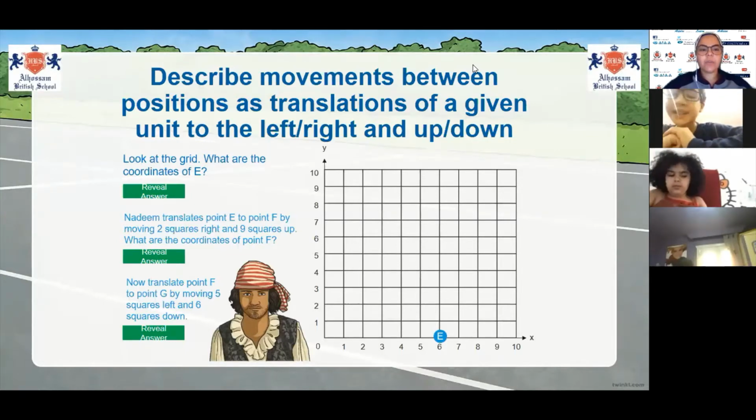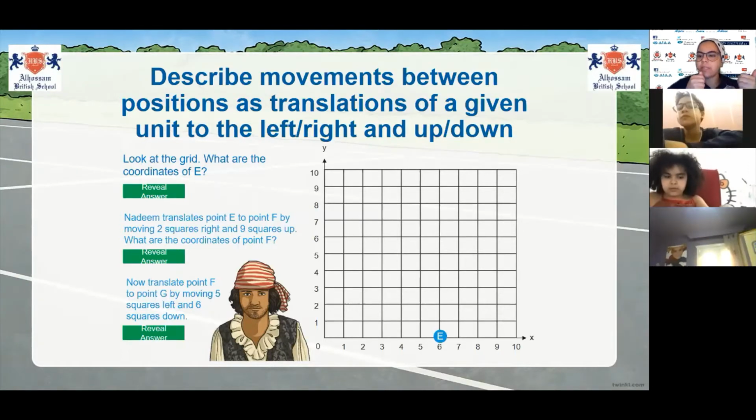I want you to tell me what are the coordinates of E. Coordinates means you're going to give me 2 brackets. Inside the 2 brackets, we have 2 numbers. Between these 2 numbers, we have a comma. These 2 numbers are ordered numbers, okay? The first one indicates the x-axis. The second one indicates the y-axis.